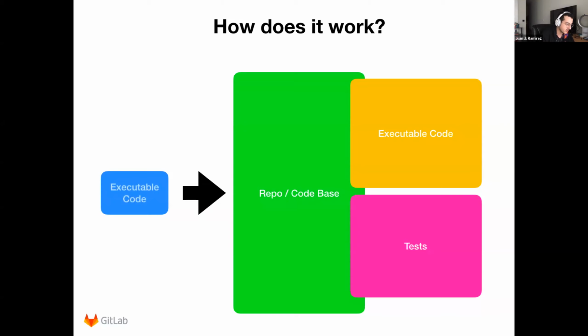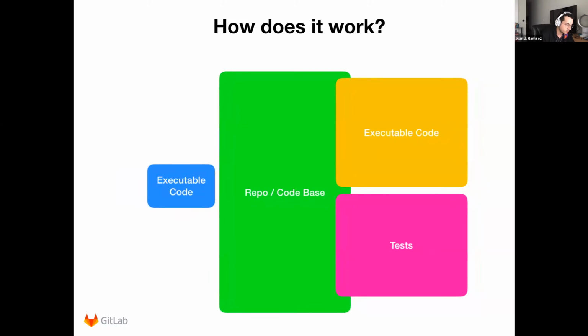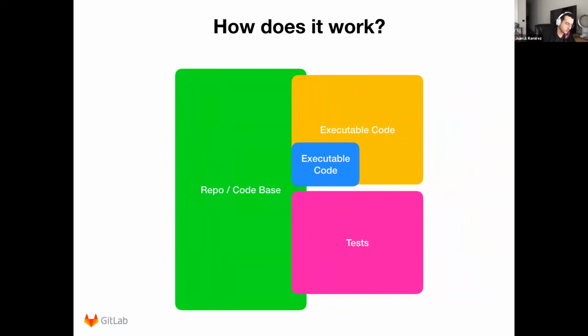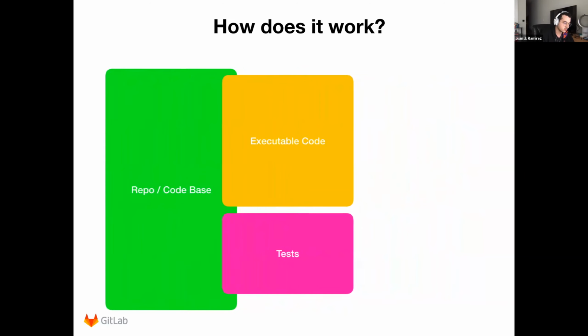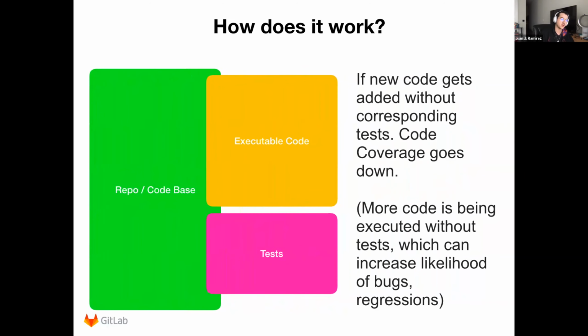In that case, that executable code gets moved into the repo, and that increases the amount of executable code, but decreases the amount of tests, right? That ratio between executable code and tests is what code coverage is measuring. So if new code gets added without the corresponding test, then the code coverage goes down.